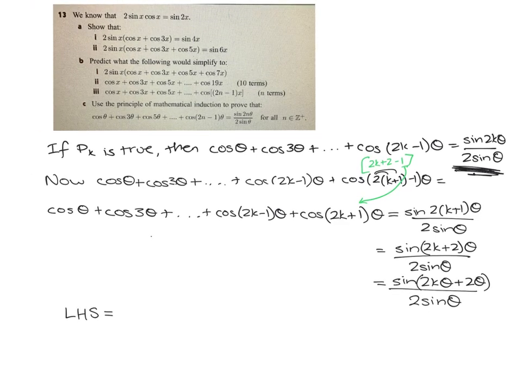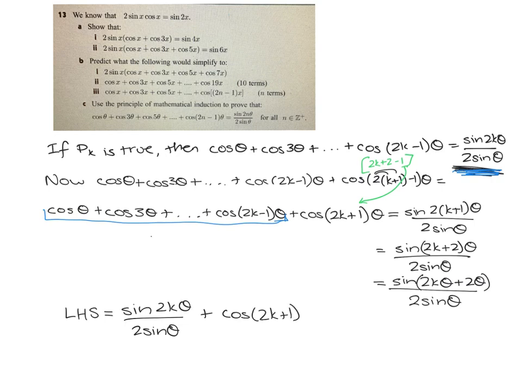So remember, if we're looking at this bit here, this sine 2k theta is equal to this part here, isn't it? So we're then going to have sine 2k theta over 2 sine theta plus cos (2k plus 1) theta. All right? Let me know when we're all good to change slides.